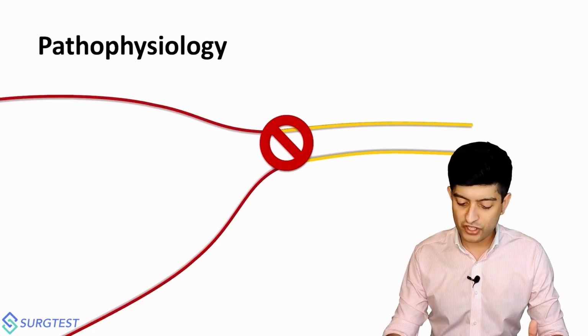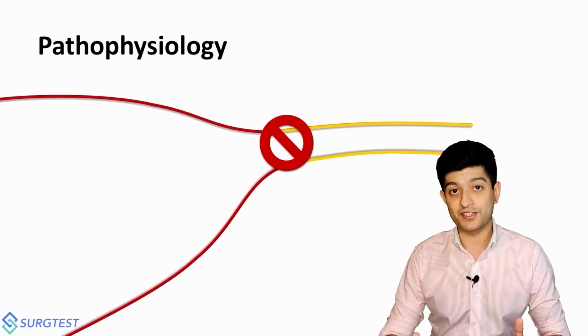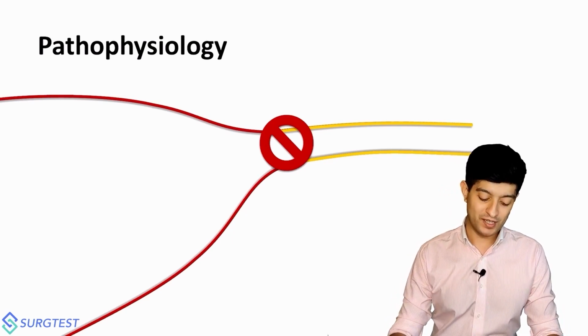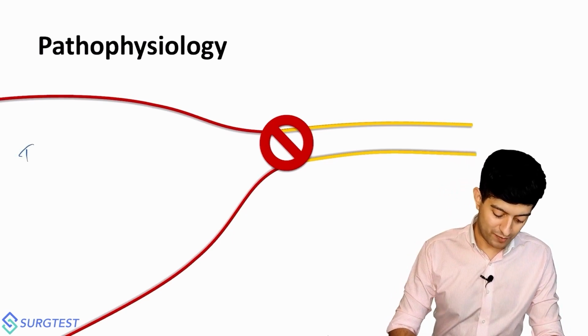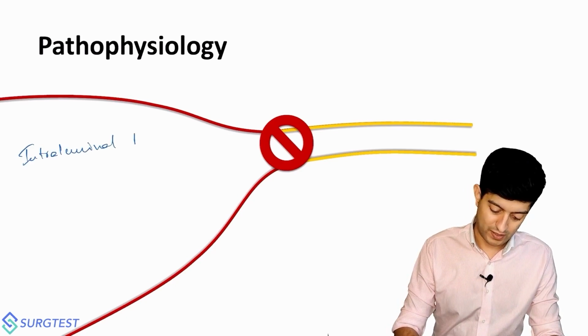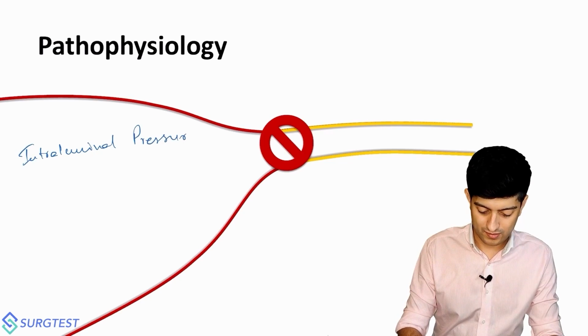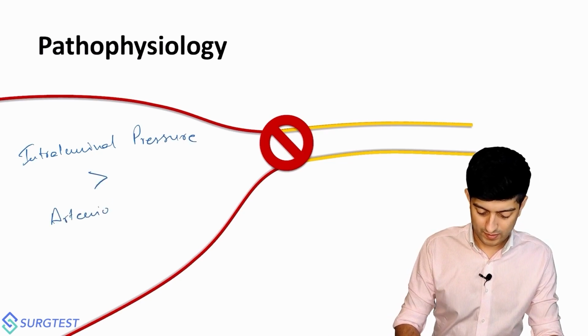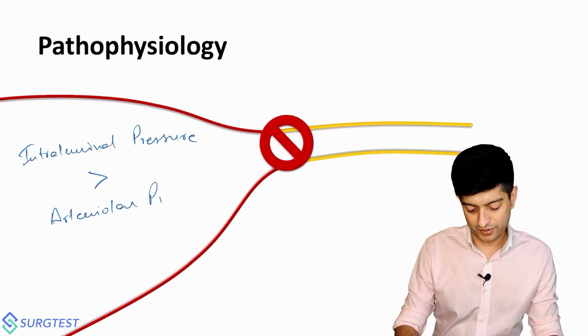Now, say the venous congestion is not sufficient for a patient to eventually develop a perforation. Well, there is going to come a point in time where the intraluminal pressure is higher than the arteriolar pressure.